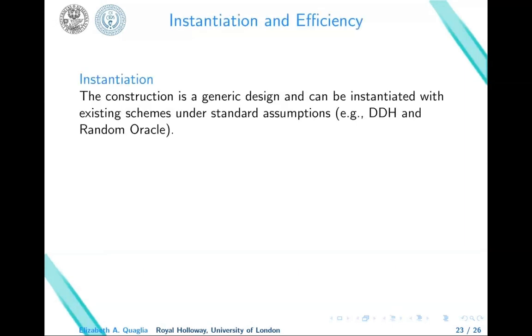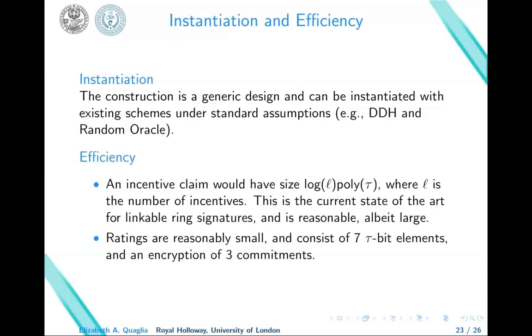What about instantiation and efficiency? So the construction that I described intuitively a few slides ago is a generic design. So actually, if you have any of these ingredients, you can plug them in and achieve a secure APRS.